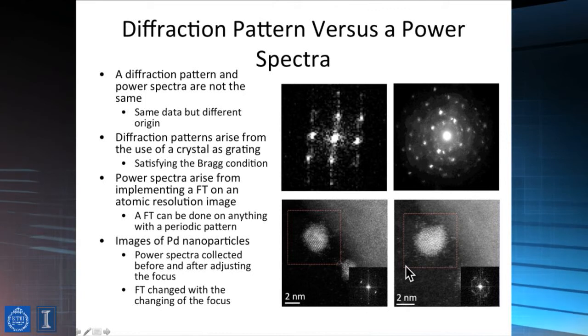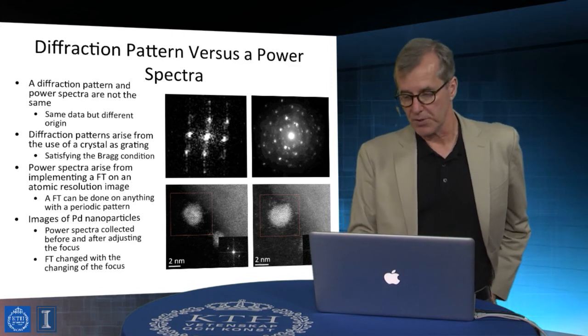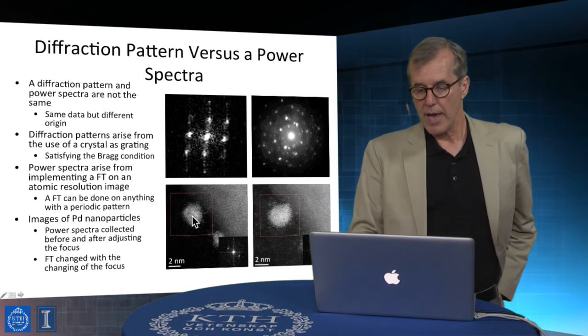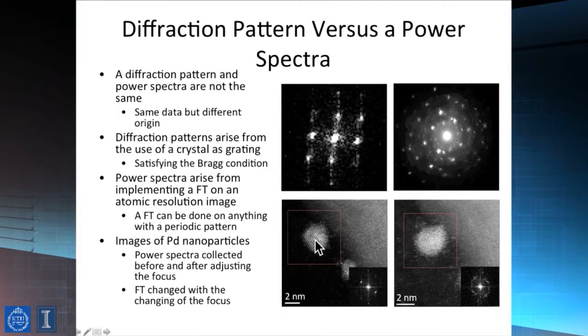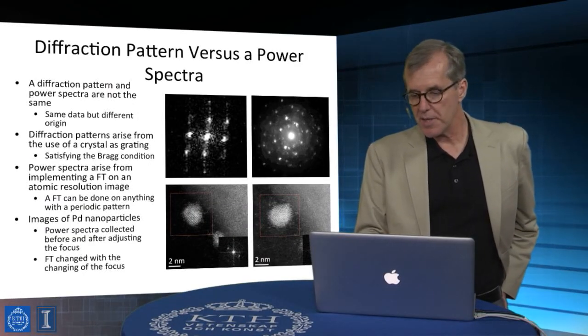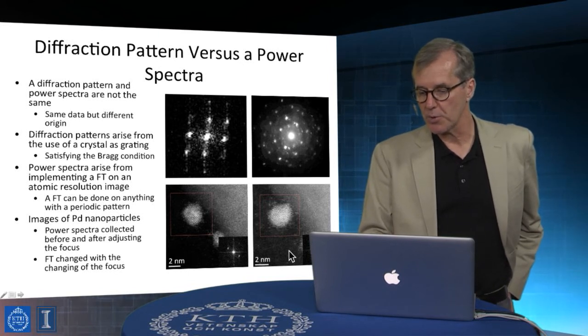Power spectra have sort of the same information as a diffraction pattern. You can get things that are related, so for example, power spectra might allow you to determine what zone axis is oriented along the line of sight in the micrograph that you're looking at. So what crystallographic axis am I looking along when I see the atomic positions that are present, for example, in this cluster that's shown here.